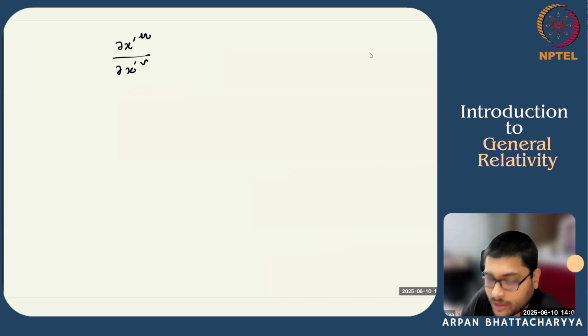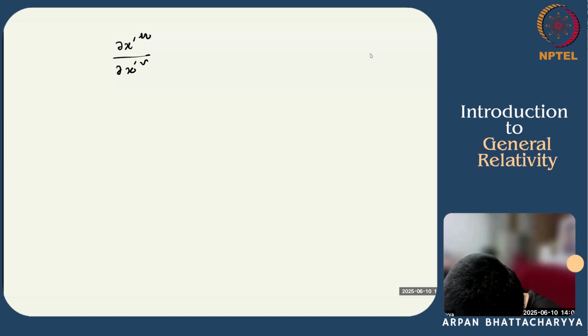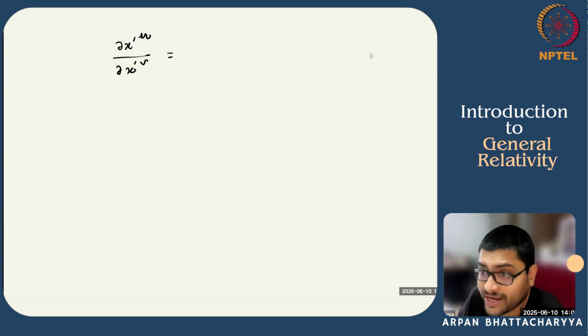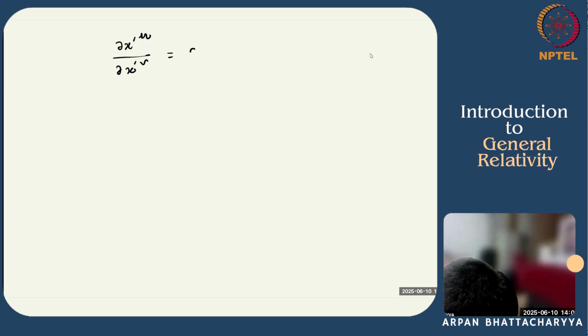So you can see that various x primes are independent of each other, then this will be 1 when mu equal to nu and 0 otherwise. And that is nothing but a component of the identity matrix, denoted by delta. Right? This is the Kronecker delta.